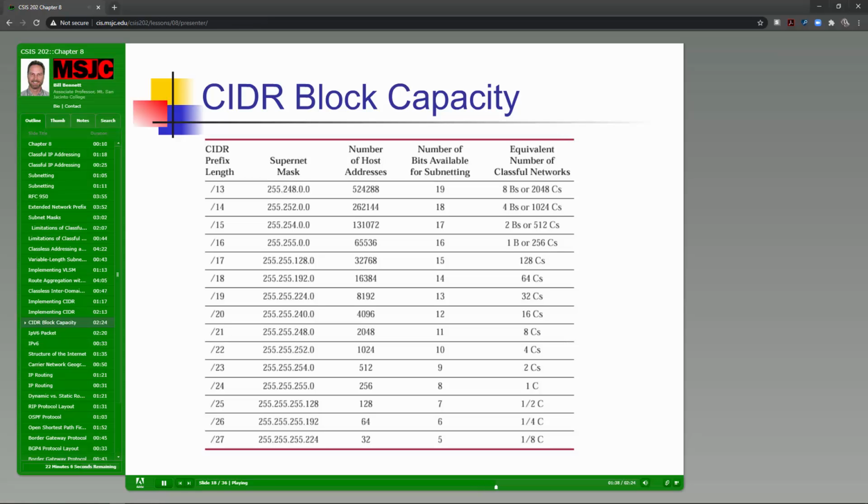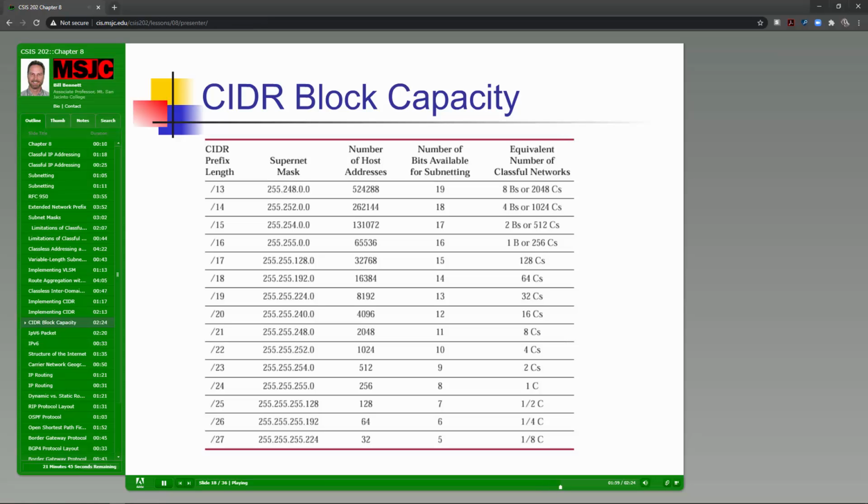You can further subdivide that if you need to. That would allow you a total of 524,288 hosts. You could figure that out by doing the math, because there are 3 bits left over in the second octet. Add that to the 16 bits left over in the last 2 octets, so you're talking about 19 bits.